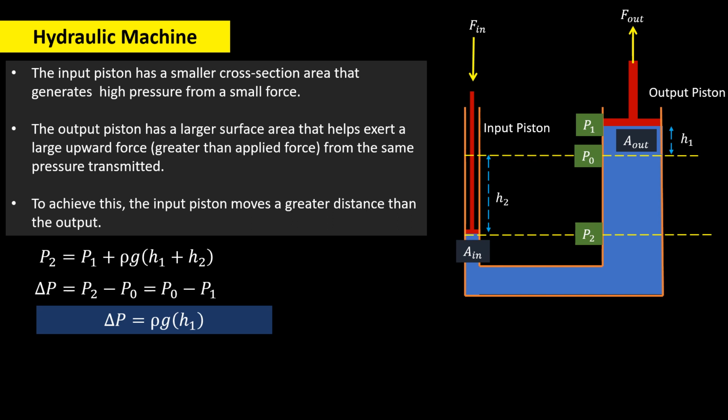in the cross-section areas. Because we say that the cross-section area here is very small compared to the cross-section area out there, the change in pressure should be equal to the force exerted on the input piston divided by the area of the input piston, which should be the same as the force exerted on the output piston upwards, divided by the area of the output.